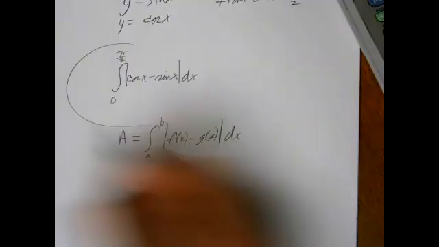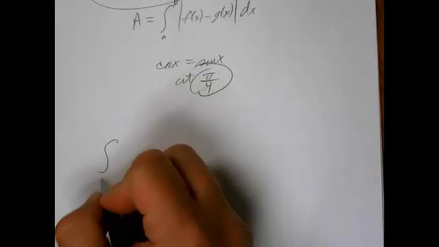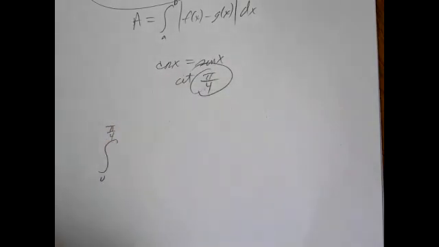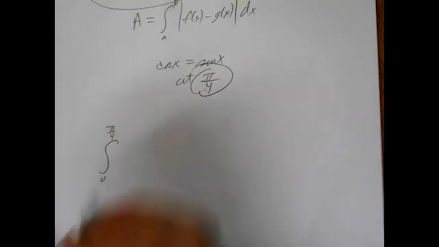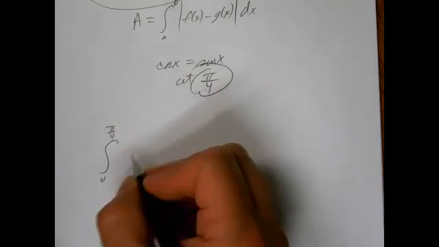So instead of being forced to integrate with an absolute value in the picture, which creates an extremely complicated scenario, we can integrate from 0 to pi over 4. And from 0 to pi over 4, it's the cosine that is the upper function, the one with the larger value.